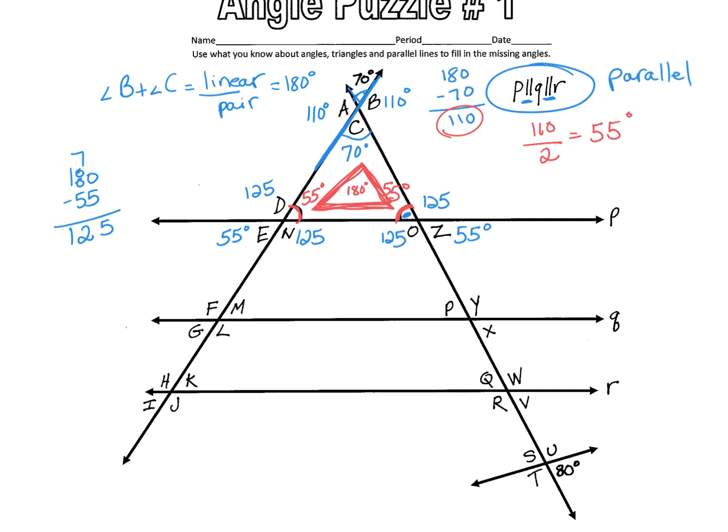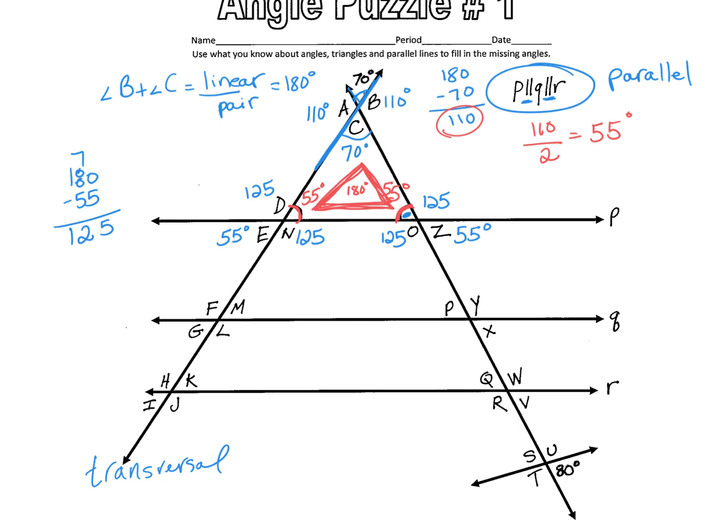When the lines are parallel and they're cut by the same transversal, which is this diagonal line here, the transversal cuts the lines at the exact same angle.